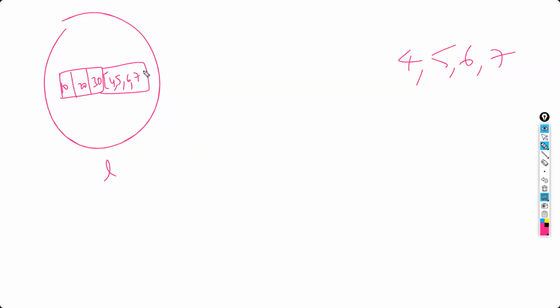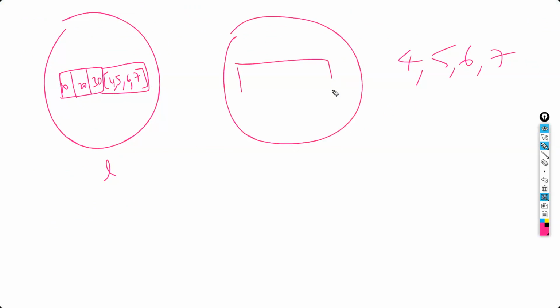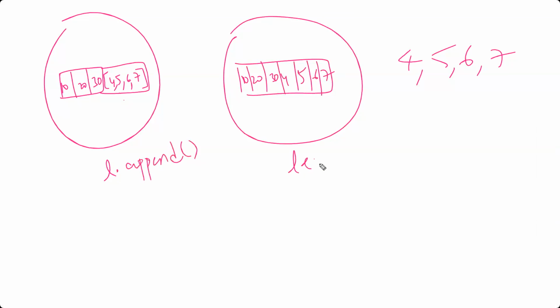This is adding as a single item. Now, if I don't want to add as a single item, but separately, 4, 5, 6, 7 like this. Which one you want, this one or this one, depends on the requirement. If you want this one, you have to use the append method. If you want this one, you have to use the extend method. The method name is called extend. That is the difference between both of them.